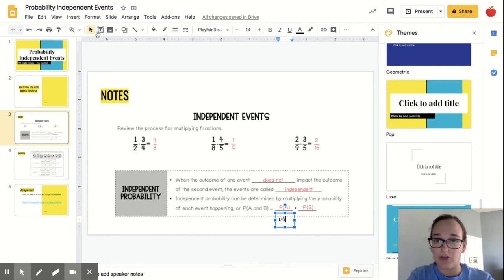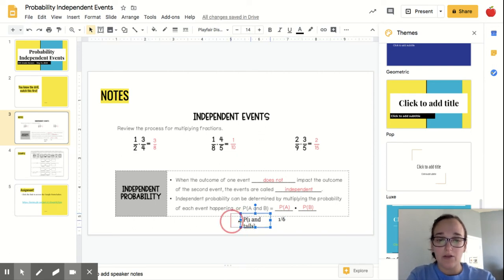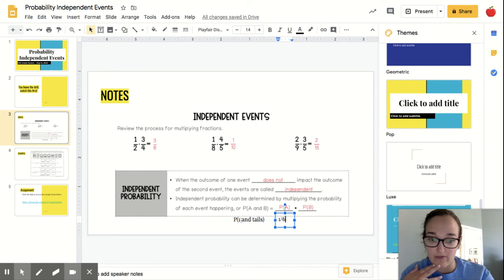Let's say I want to know the probability of getting a 1 and tails. The probability of rolling a 1 is an independent event. The tails or heads does not impact my dice roll. So I get 1 out of 6 for the probability of the first event.